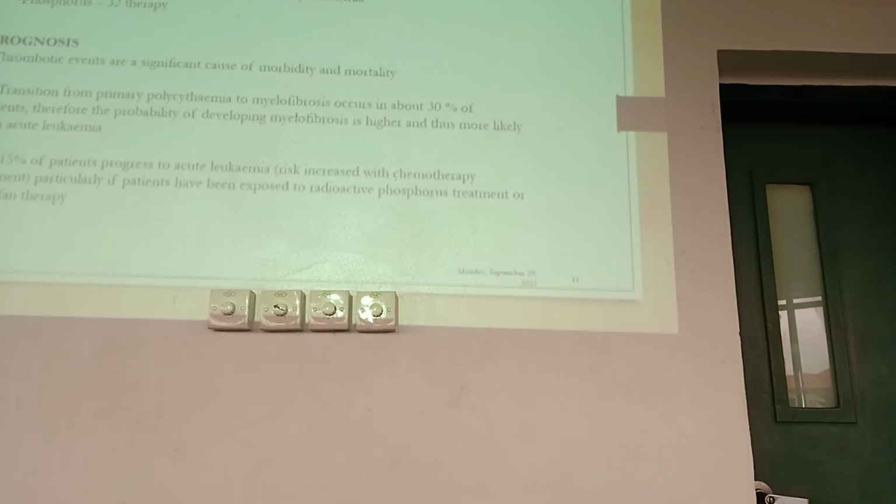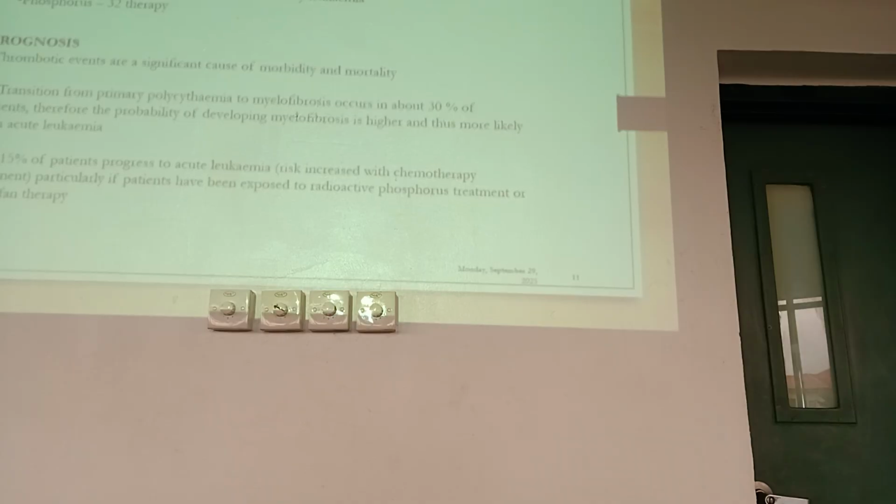As you are bleeding, patients will come two times in a week for phlebotomy. You draw about 500 ml of blood each time. If you are donating blood, how much blood do you draw? 450, actually. It's the anticoagulant that makes it 500. So the person will eventually become iron deficient, because for every red cell you draw, you are losing iron.